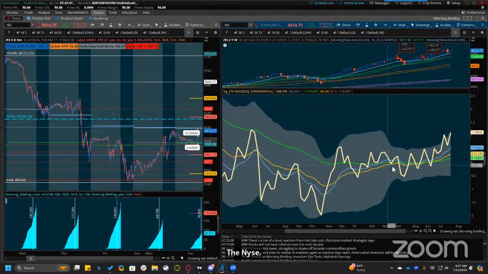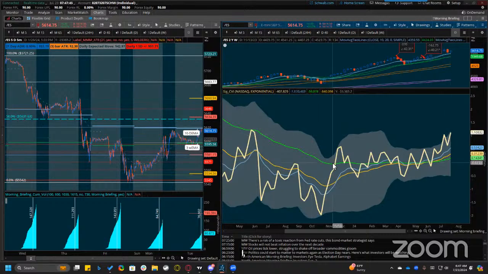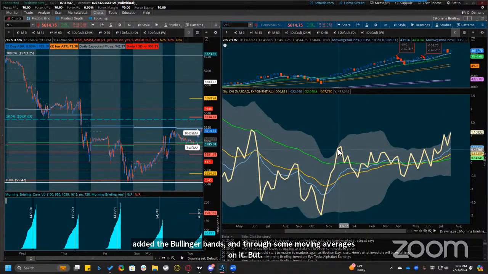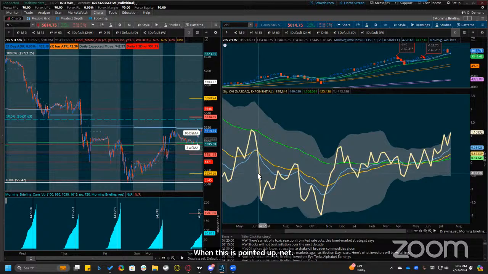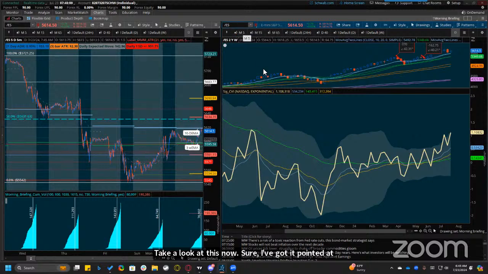I added the Bollinger Bands and threw some moving averages on it, but when this is pointed up, net buying is in effect, and when it's pointed down, net selling is in effect, right? Cumulatively, is it net buying or net selling? Take a look at this. Now, sure, I've got it pointed at the NASDAQ. It has nothing to do with the ES whatsoever, right? This is the NASDAQ.